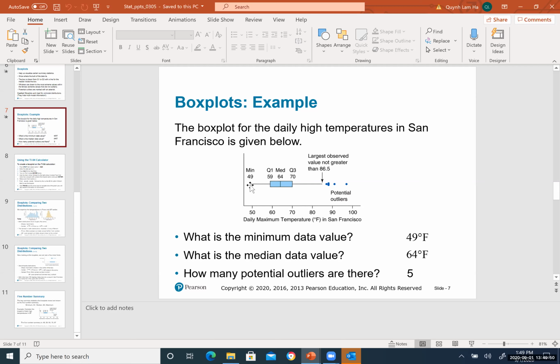The whisker stops at the lowest value from the observed data. This other value is not from the observed data, but it is the fence. So I can call this the upper fence and this the lower fence. There is no value to the left of the lower fence, so no outlier on that side, but we do have a lot of outliers on the right side, about 6 of them.